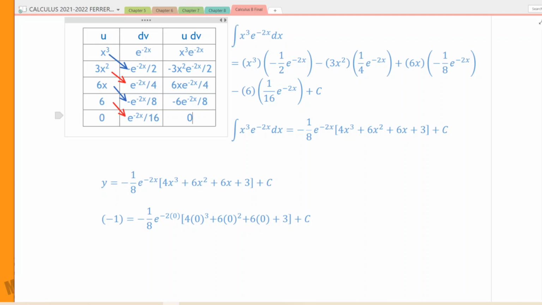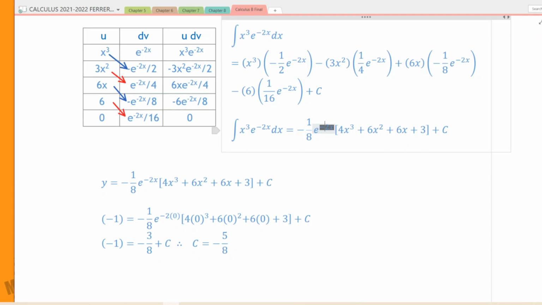We can simplify this. And then just solve for c, which finally gives us our solution.